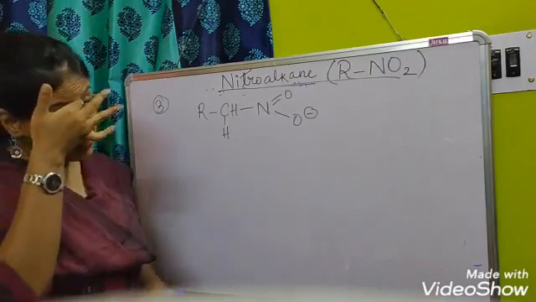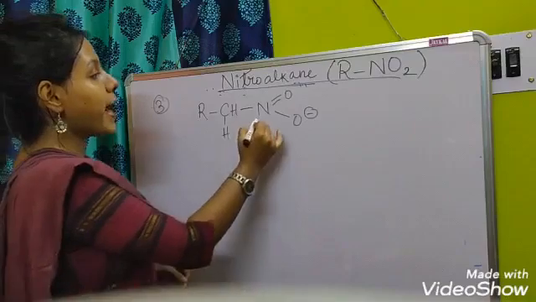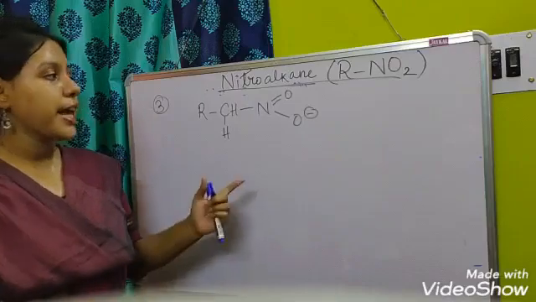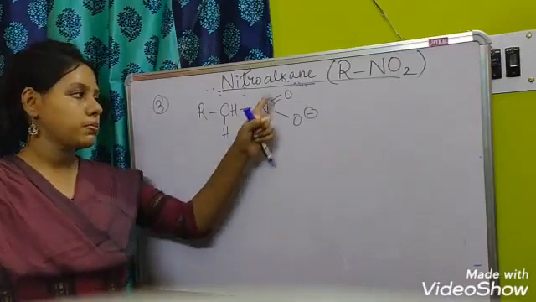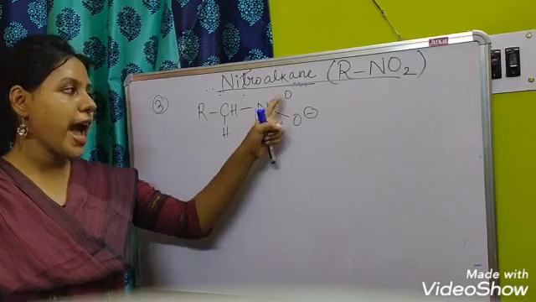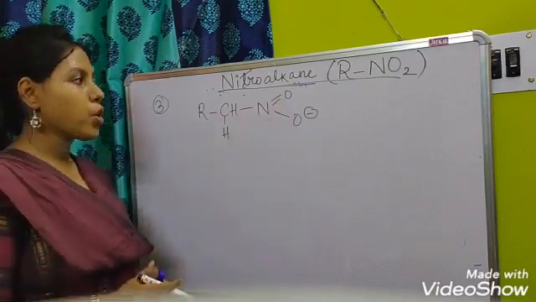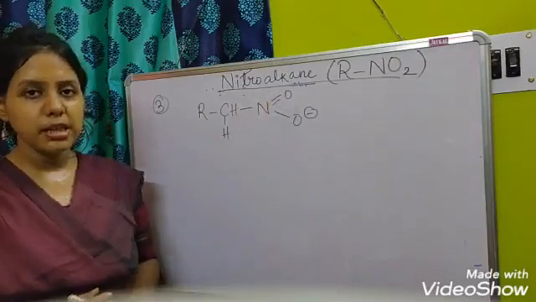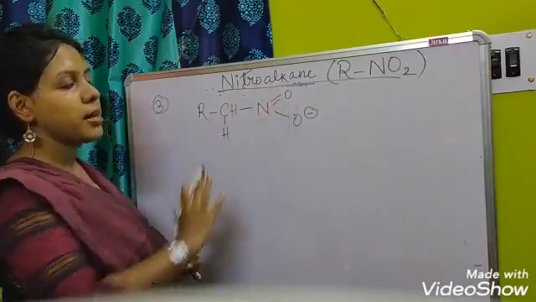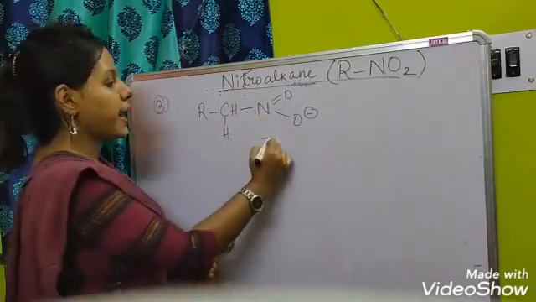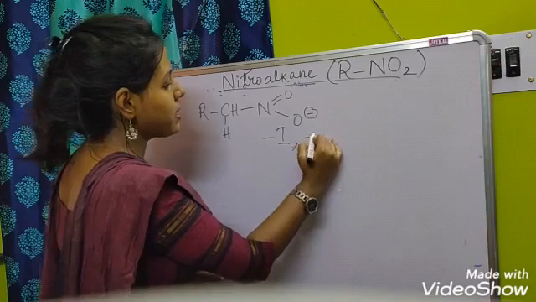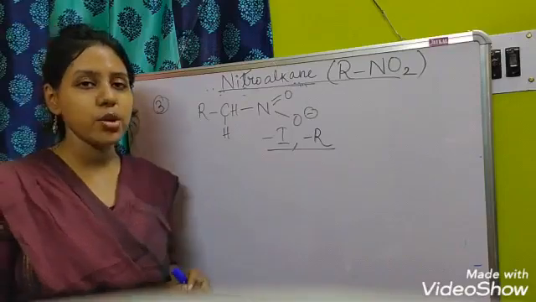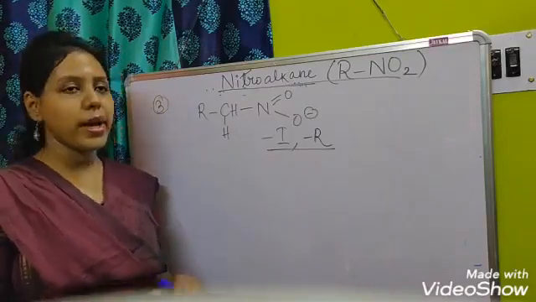And why is it acidic? Because of the minus I effect and the minus R effect of the nitro group. The nitro group has one nitrogen which is electronegative and two oxygens that are also electronegative, so it shows minus I effect, as well as resonance towards the oxygen. So it has minus I effect as well as minus R effect, and that's why the alpha hydrogens are weakly acidic in nitroalkane.